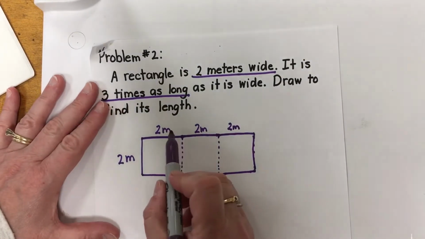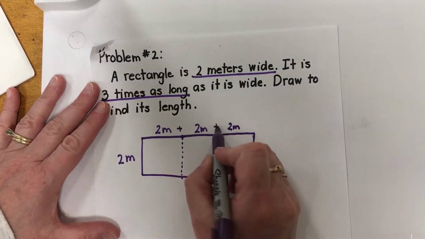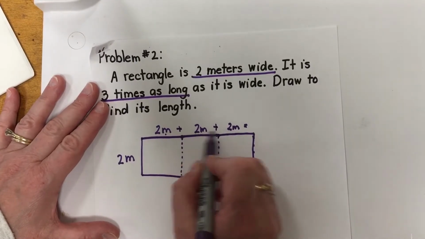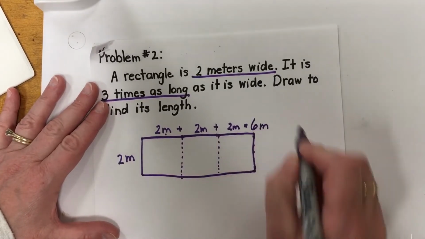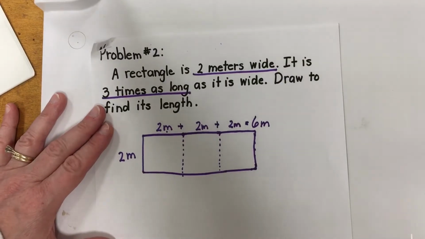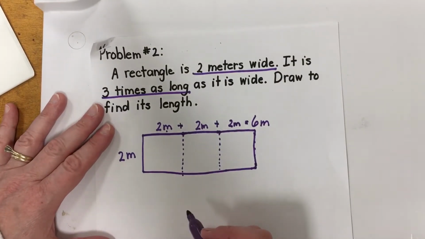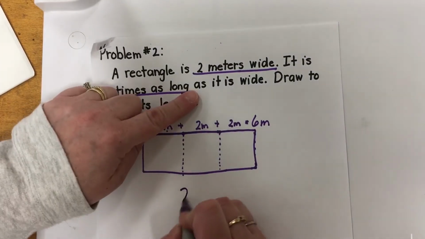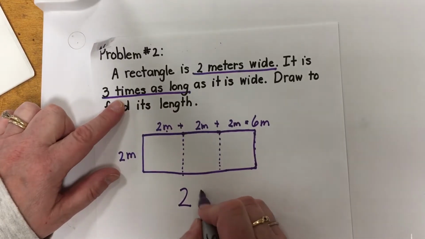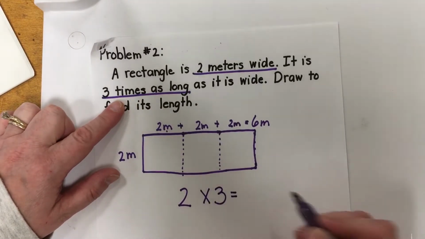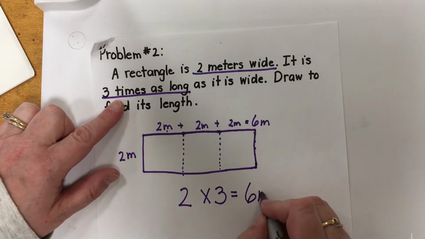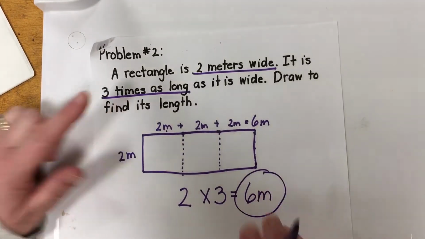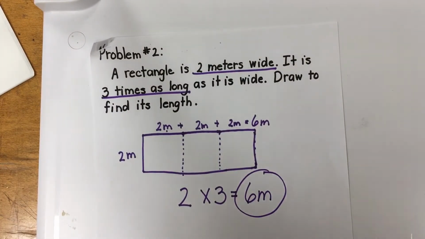So when I count up the sides, 2 plus 2 plus 2 is 6 meters. Or I could have just said 2 meters wide, 3 times as long. 2 times 3 is 6 meters. Let's go to problem number 3.